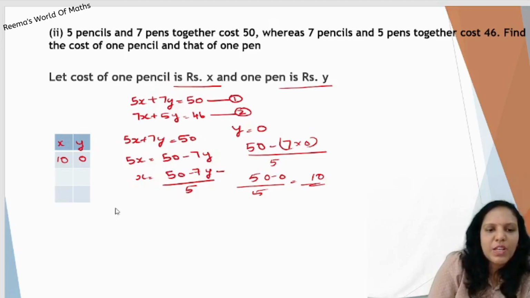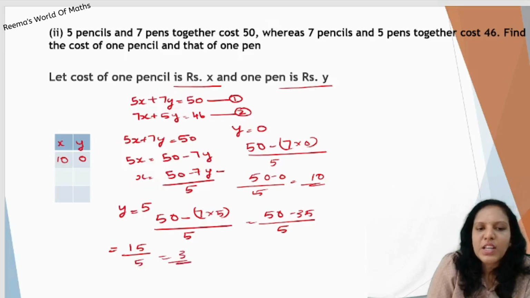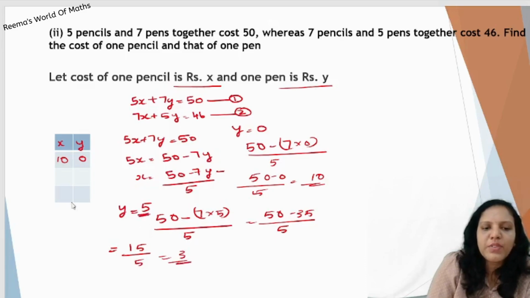So with y as 5, we have 50 minus 7 multiplied by 5, divided by 5, which is 50 minus 35 by 5, which is 15 by 5, which is 3. Now we got the value of x as 3. So when y is 5, x is 3.